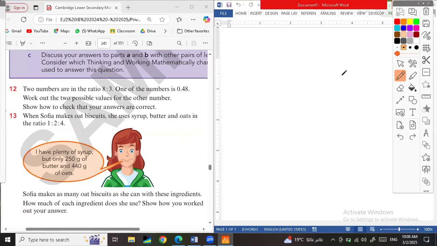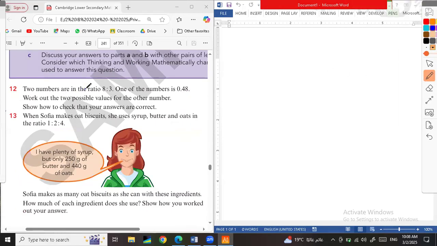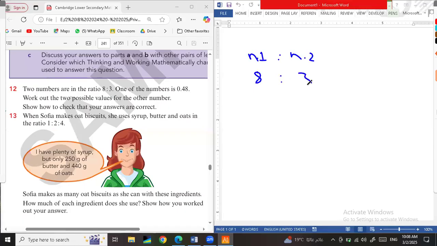Question number 12 over here says to you, two numbers are in the ratio of 8 to 3. Two numbers. So let me just call them number 1, the first number, and the second number. Okay. Then the ratio is 8 to 3.